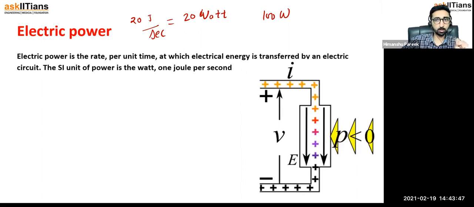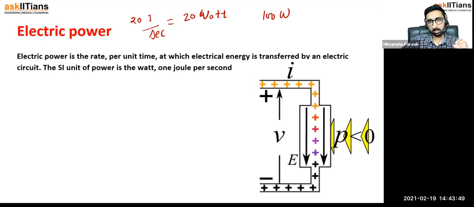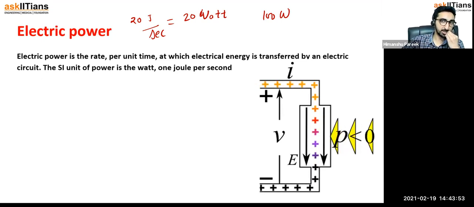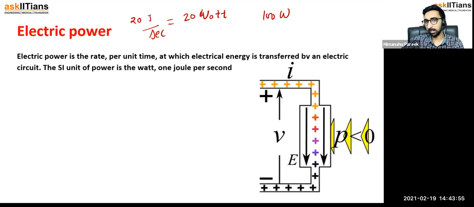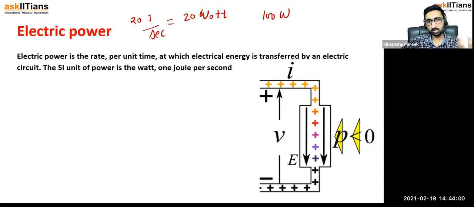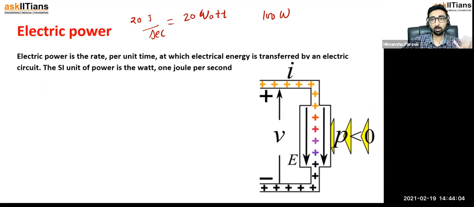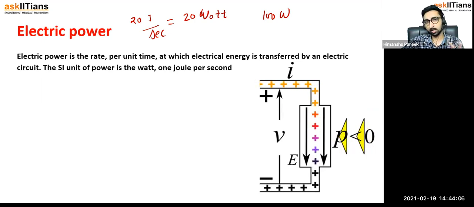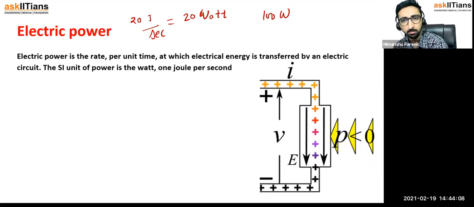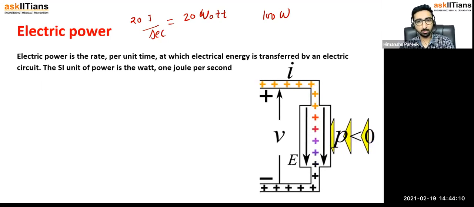So if you switch on the bulb for, let's say, 1 minute, that means 100 multiplied by 60, 6,000 joules of energy it has taken. And depending upon how much energy we consume, the government will be charging the amount from you. That is why we always say let us use a less watt bulb, because a less watt bulb will consume less energy, so the electricity bill would be less.